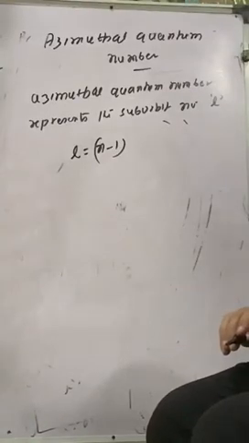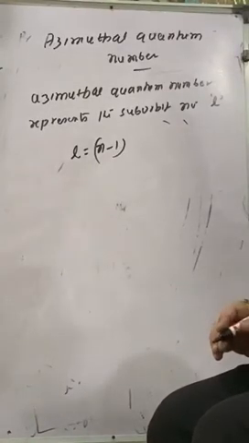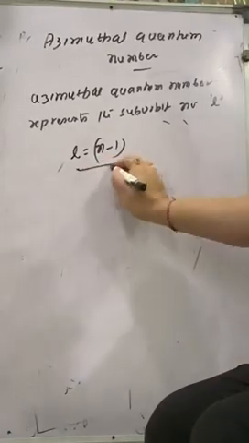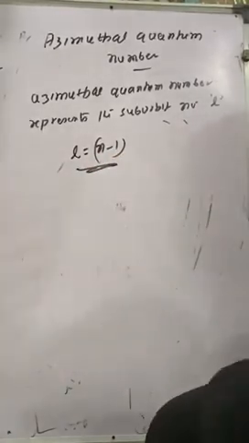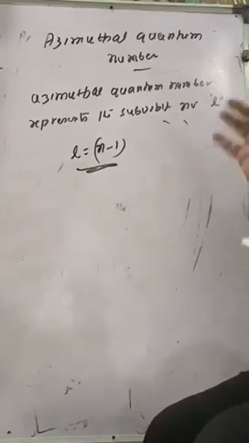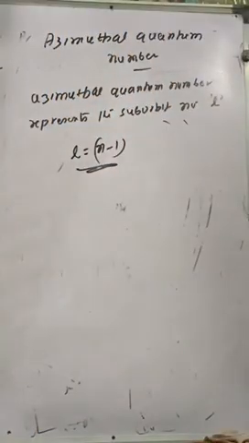Okay, L is always considered to be n minus 1. Okay, and this is the representation of suborbit. So tomorrow we will be discussing this azimuthal quantum number in detail. But this is a very important thing, that the orbit can be further subdivided into suborbit. Okay.